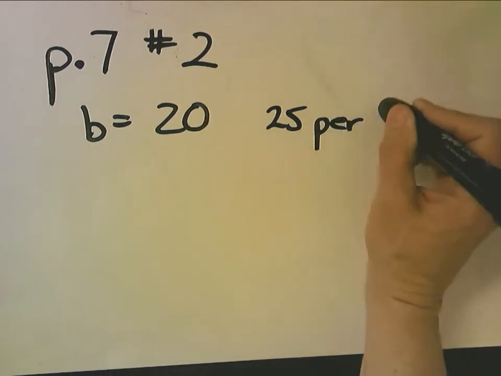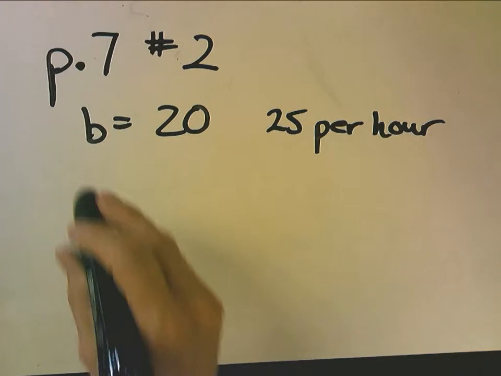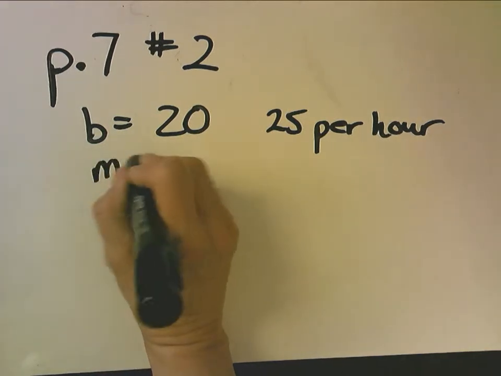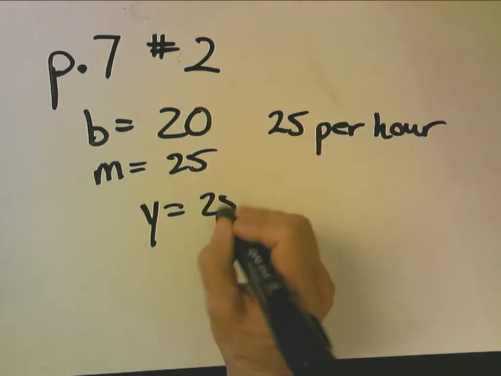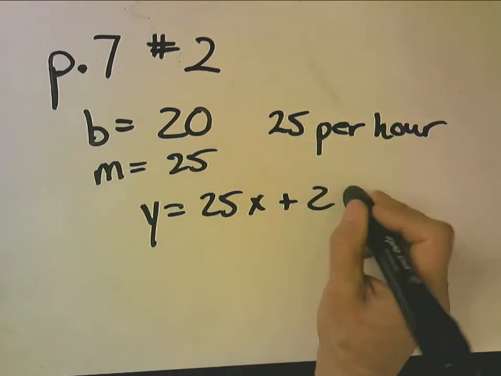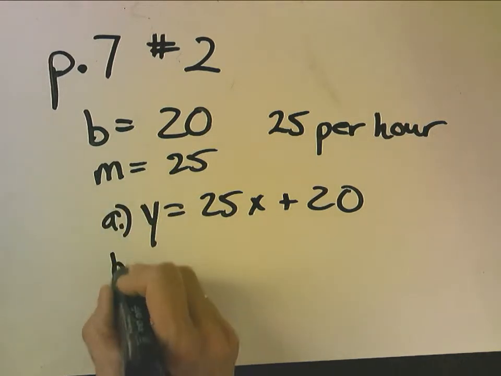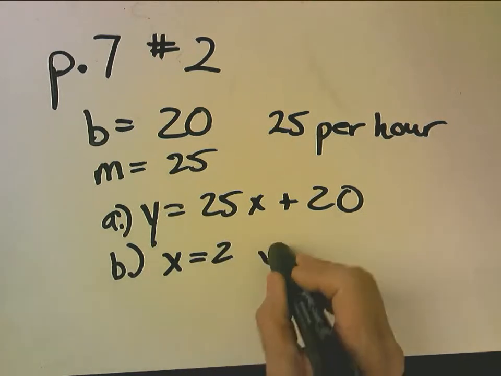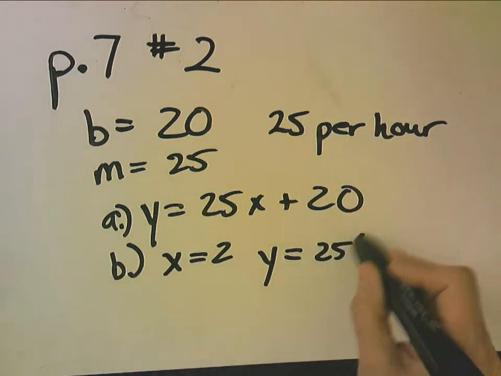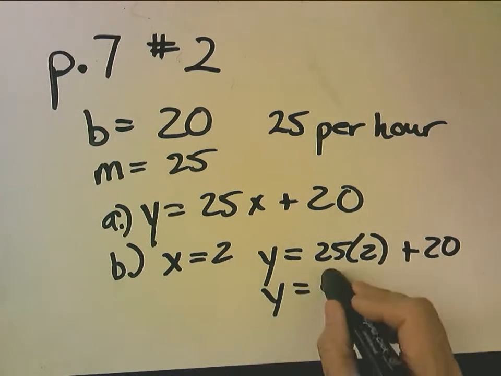Well, 25 per hour means that is the slope, because the slope is a rate. So m equals 25. So y equals 25x plus 20. That would be my equation. And part b says, well, what if x equals 2? So I say y equals 25 times 2 plus 20. So y equals $70.